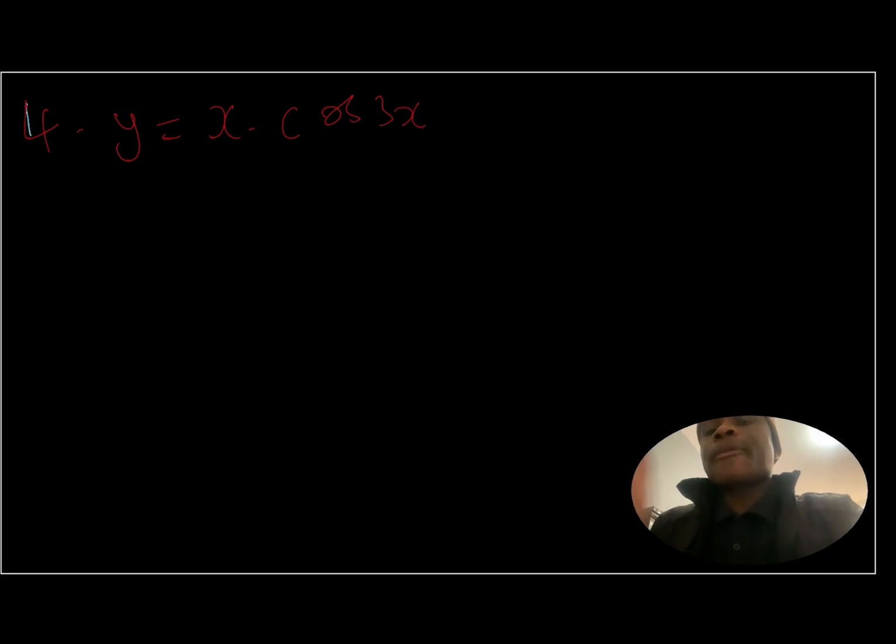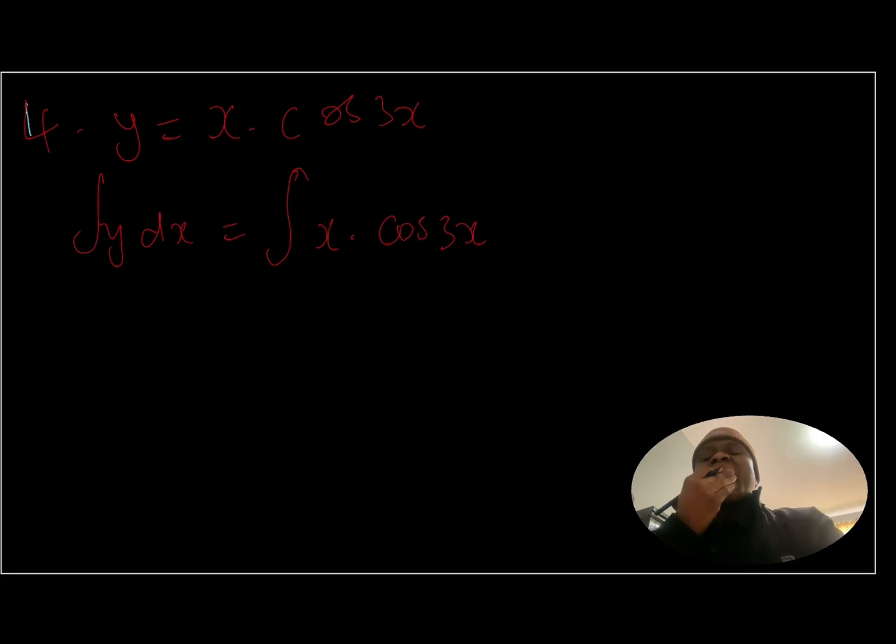We have y equal to x times cos 3x. Remember, what we're looking for is the integral of x cos 3x dx. Remember, I forgot the dx. We're going to determine what type of integral we have.